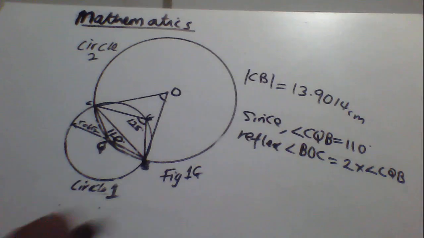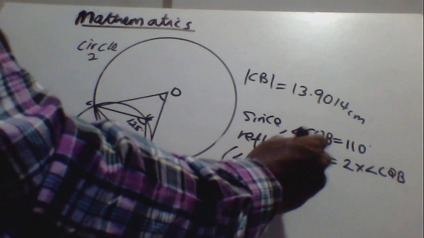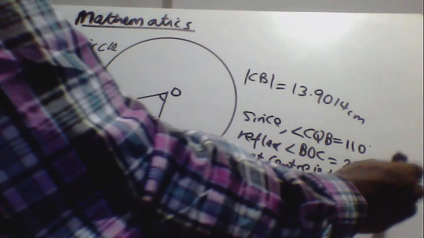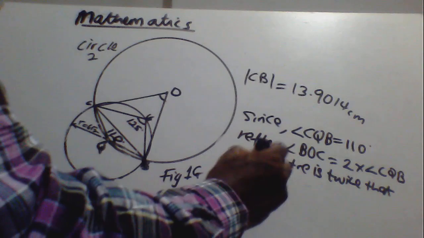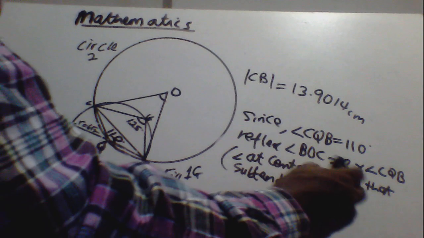The reason is the same: the angle at the center is twice that subtended at the circumference of the circle.